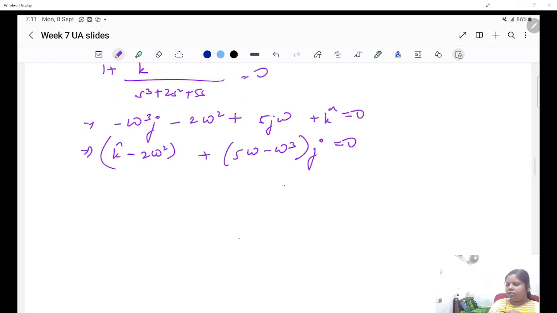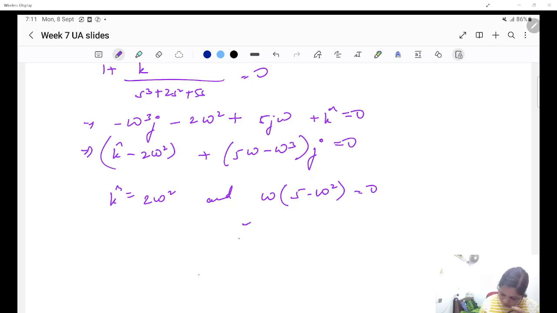So for this whole term to be 0, both the real part and the imaginary part have to be 0 independently, right? That means K hat is equal to 2 omega square, and omega into 5 minus omega square has to be equal to 0. Let's solve this part first.